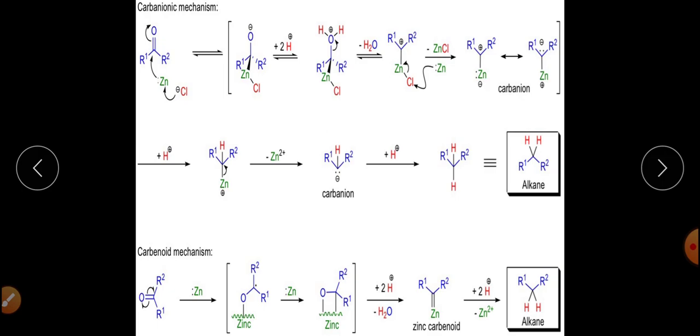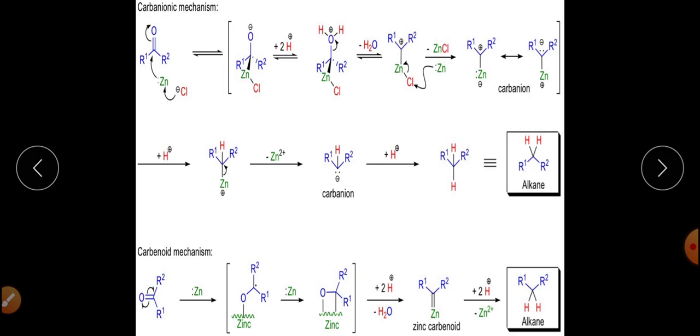Now we will come to the second mechanism, the carbenoid mechanism, in which zinc will first of all react with the aldehyde or ketone and form zinc carbenoid. So this is the zinc carbenoid that has been synthesized, right?